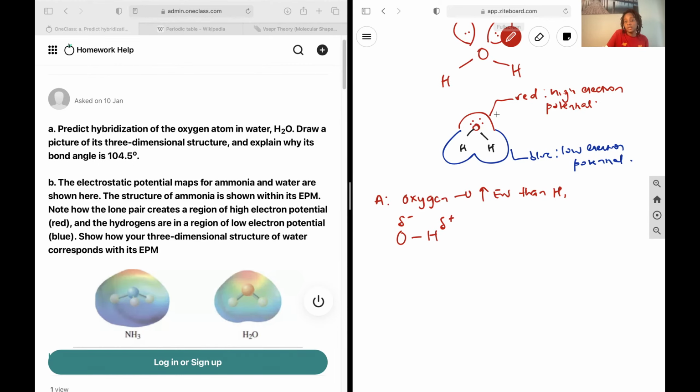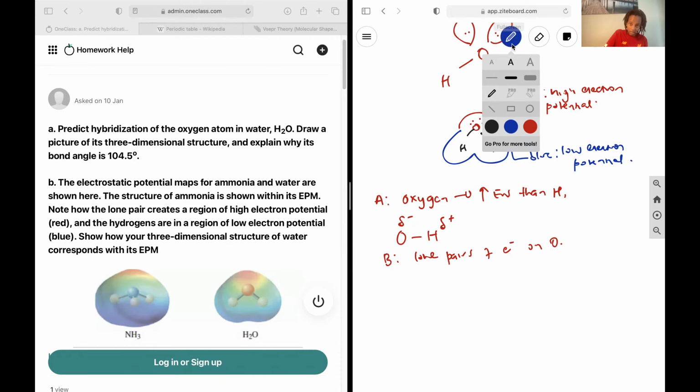That explains why this area is going to be red due to those two factors. And the region around the hydrogens is going to have a low electron potential because the electrons are simply closer to the oxygen due to its electronegativity. And so this will explain both the red and the blue.